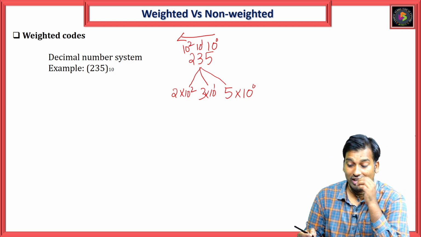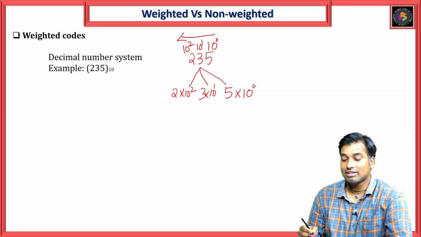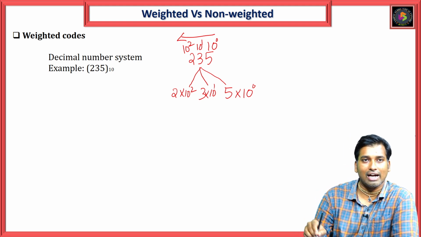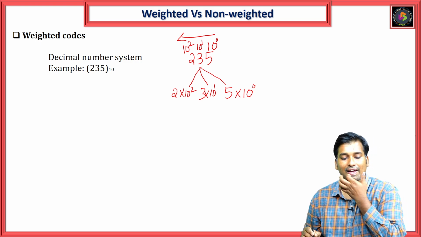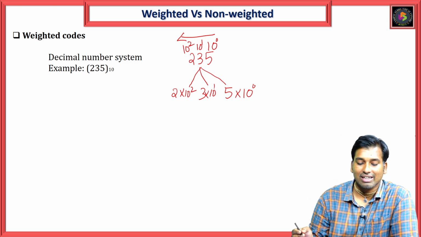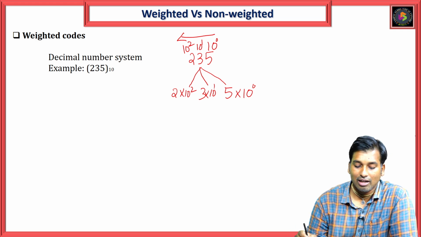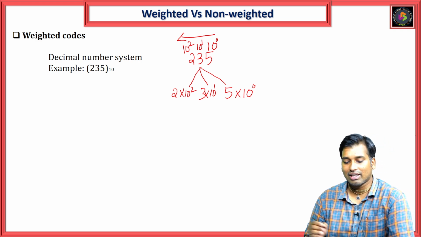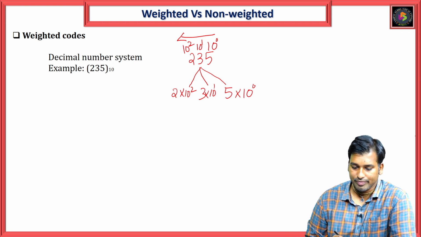And how do we get this number? We get it by multiplying each digit with its weight and adding them. This is how any decimal number is represented. In the same way, we can convert any number to a decimal number using these weights, which we will learn in the next slide.